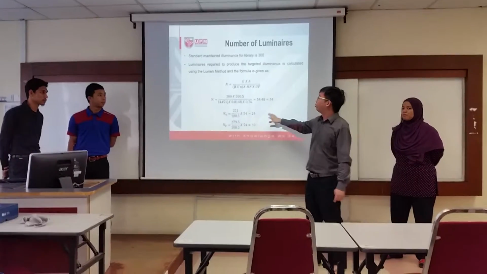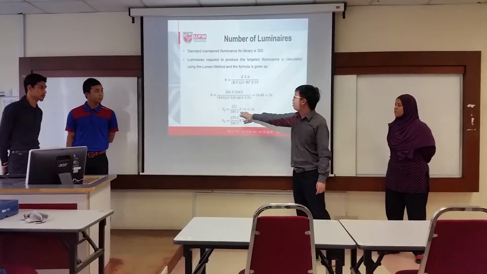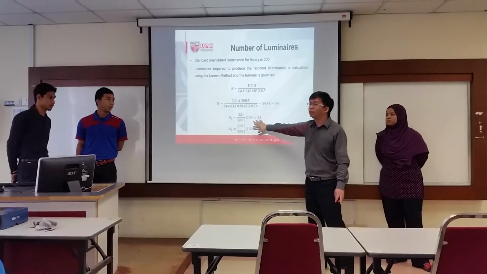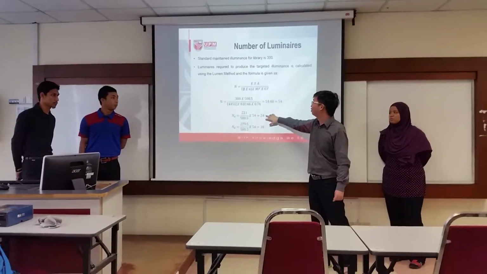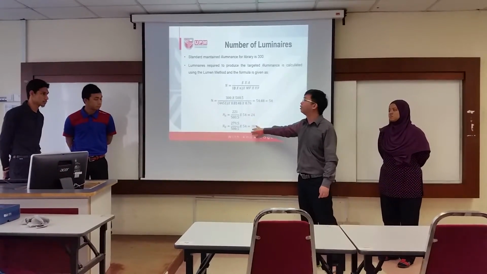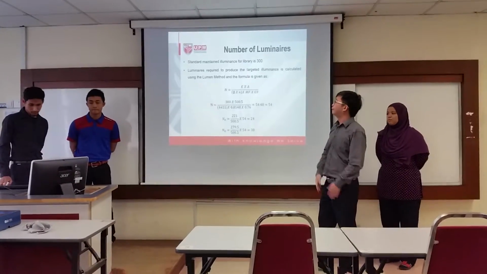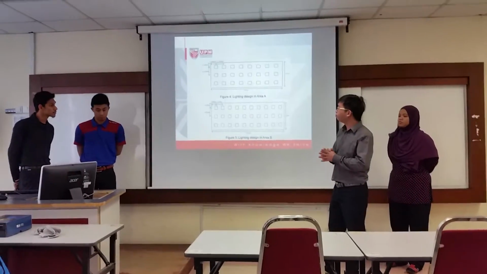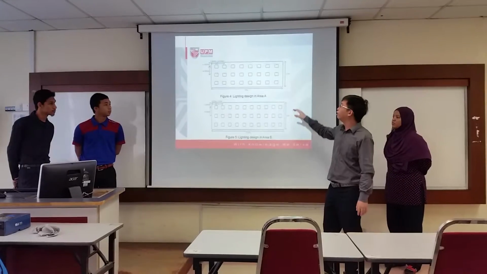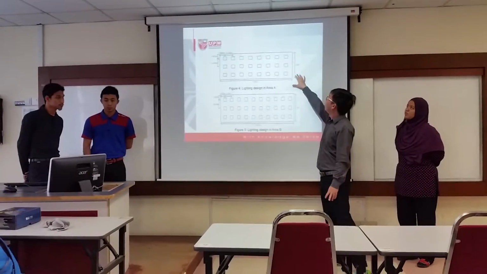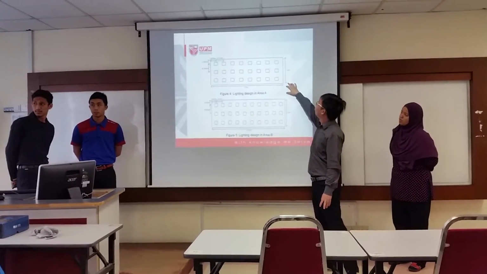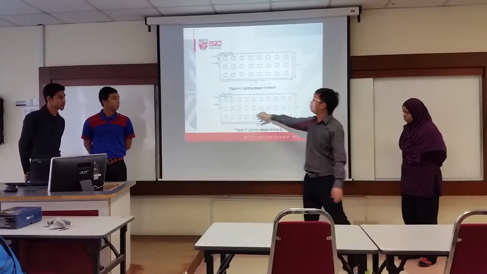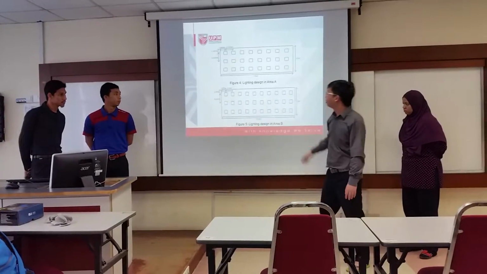With that, we divide the 54 between area A and area B just now, and then we get 34 for the first area and 30 for the second area. This is the lighting design in area A and area B with the width and the length, the spacing between the rows and the spacing in row.